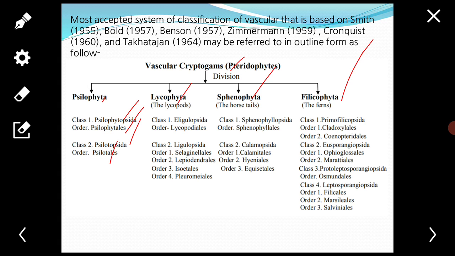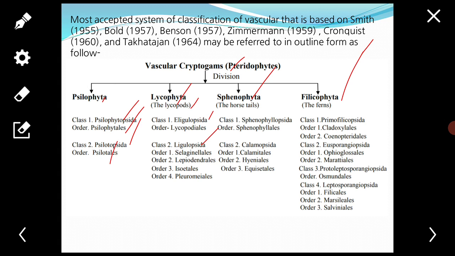Second division, that is Lycophyta, or the lycopods. It also comprises two classes. Class 1, Eligulopsida, and second class, that is Ligulopsida.